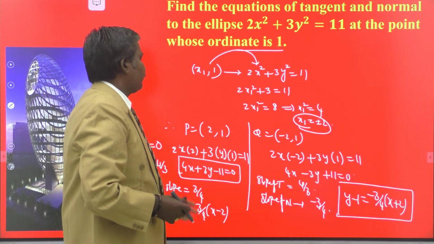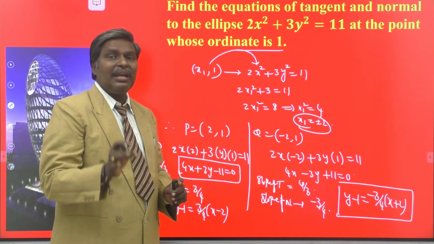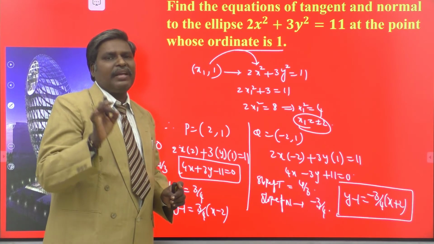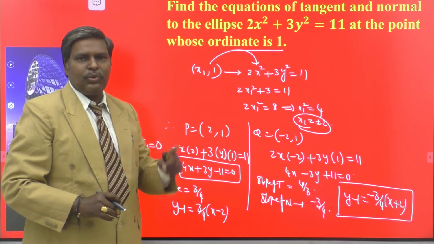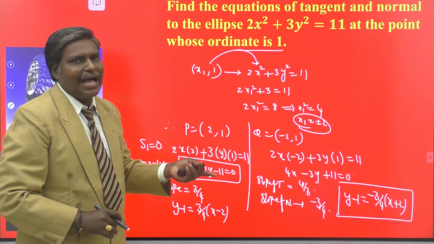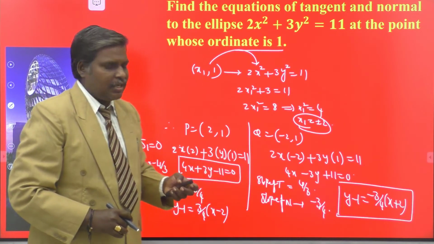So this is the way to find out the equations of tangent and normal at a point which is given indirectly, that is, only the ordinate is given to you. From that ordinate you can find the abscissa of the point also by substituting in this manner. Understand?